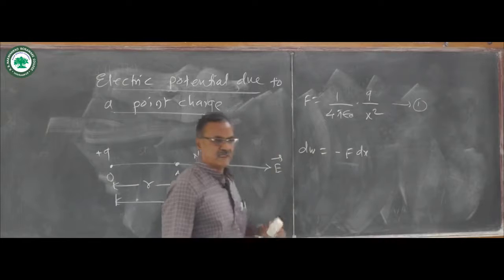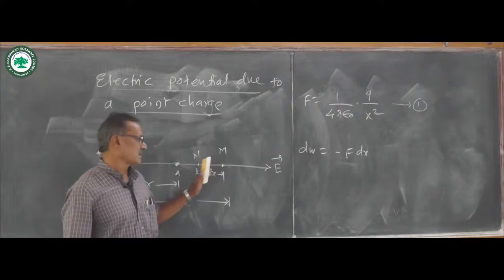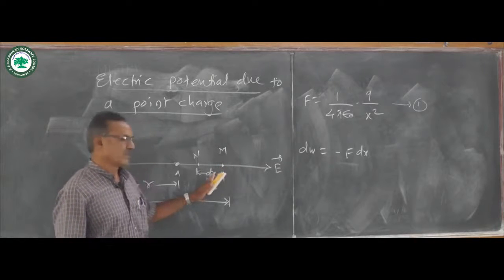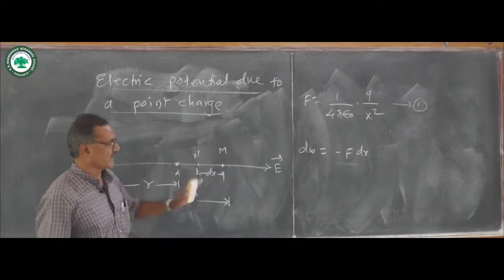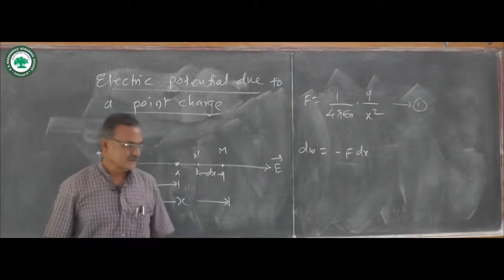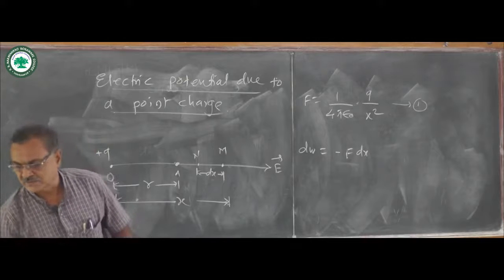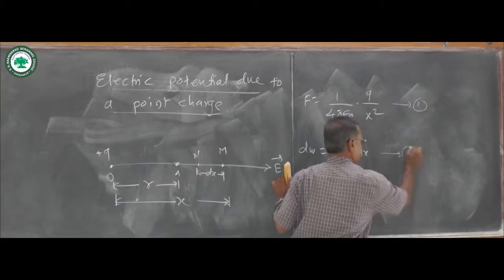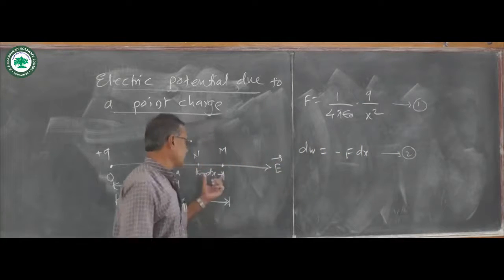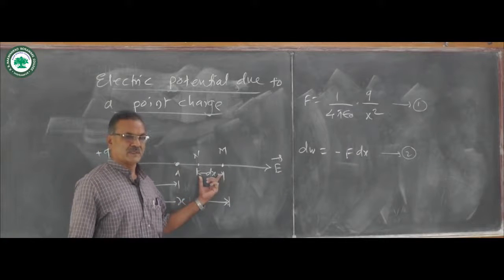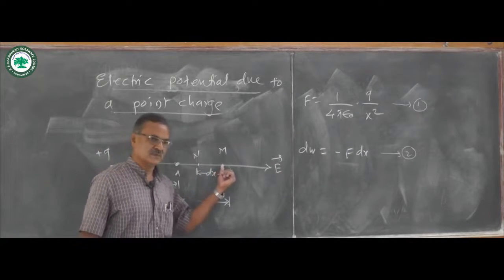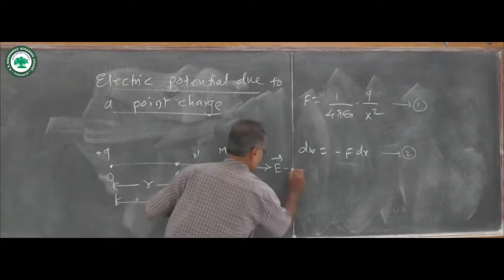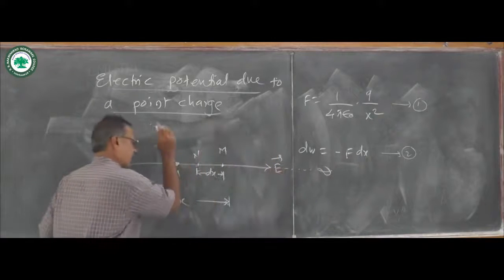Here the negative sign indicates that the force acting on the unit charge is opposite to its displacement, that is, F and dx are in opposite directions. Suppose this is equation 2. Now this is the work done for a small displacement dx. However, the charge moves from infinity. Suppose the charge moves from infinity to the point A.